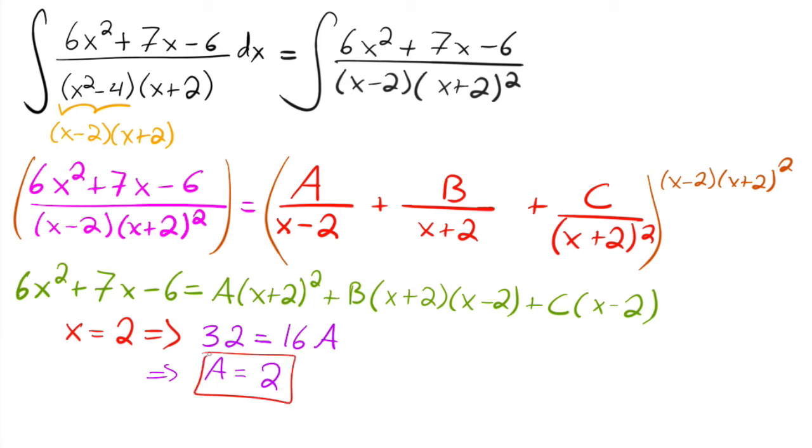Okay, fair enough. That's the first one. Now let's zero out both A and B. Let's let x equal negative 2. If we let x equal negative 2, we zero out A, we zero out B, and on the left side, we get 24 again, and then minus 14, which is 10, minus 6 is 4, equal to negative 4C.